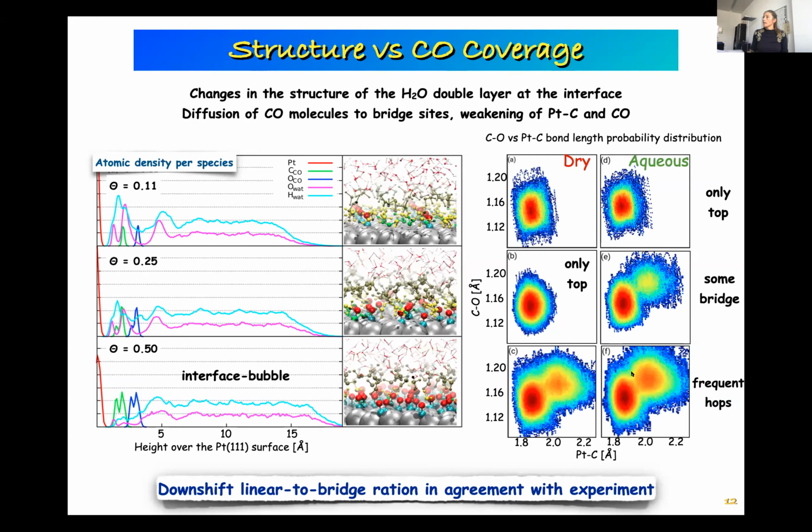In this case, when you have an aqueous environment, this happens more frequently and earlier, so also at a lower coverage. And this is in line with what has been observed also by experiment, that there is a downshift between the linear to bridge ratio in the adsorption.